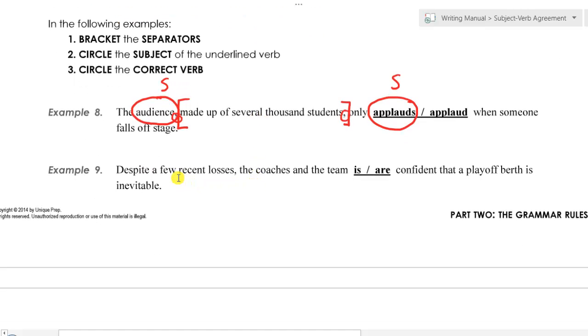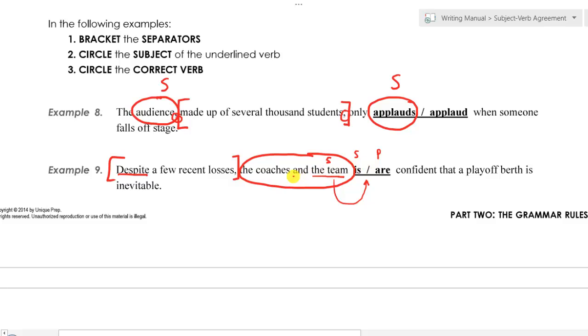Anyway, example 9, we are going to bracket despite a few losses because that is a prepositional phrase separator. Despite is a preposition in this case. Then we have the coaches and the team. Now, students sometimes get fooled into thinking that because team is bumped up right next to this verb, and team is a collective noun, they think team is singular, therefore I need the singular verb is.